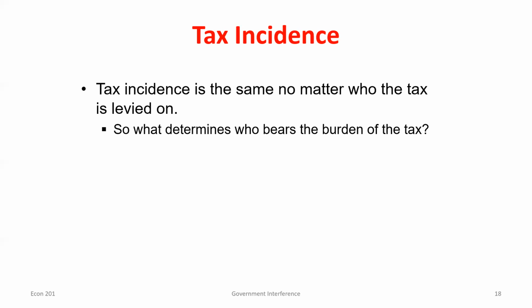So whoever is more responsive, whoever is more elastic, kind of bears less of the burden. And whoever is more inelastic, or whoever is not responding, is going to bear more of the burden. Well, how can we determine who is more or less elastic?